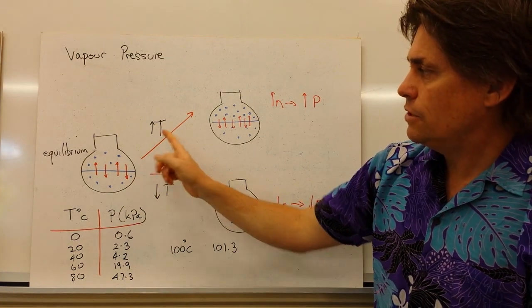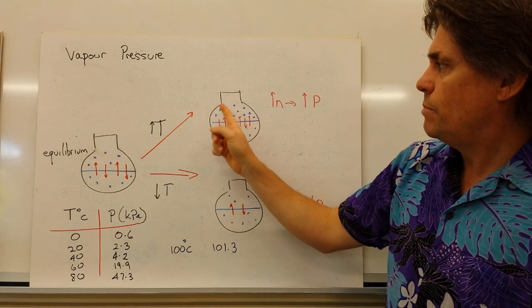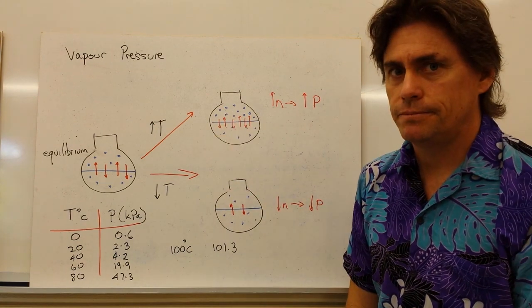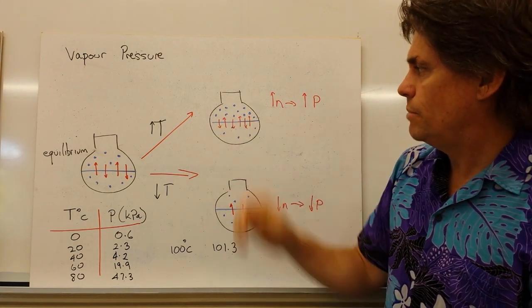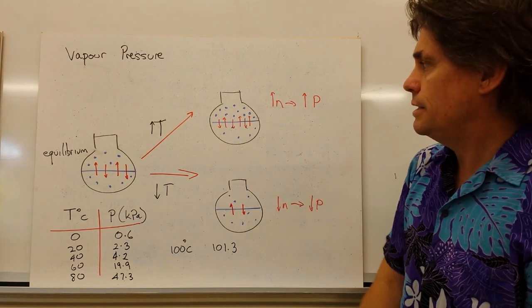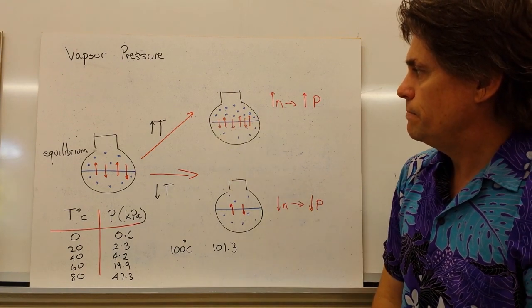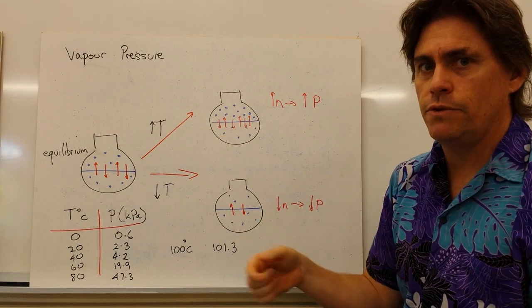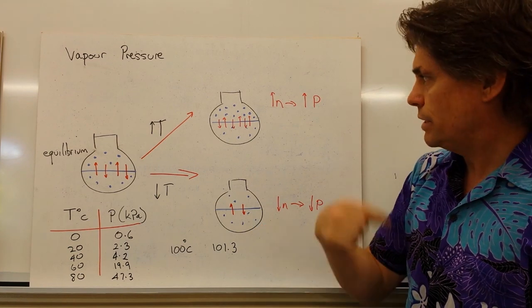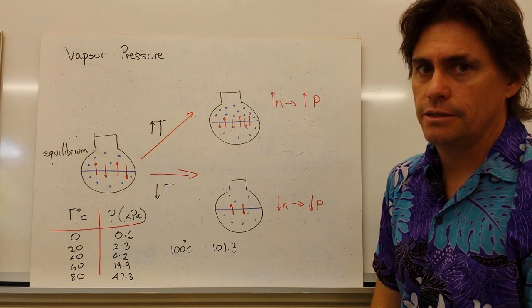Now if we increase the temperature, we're going to increase the number of particles in the gaseous form and obviously reduce the number of particles in the liquid form. So we set up an equilibrium like this one, where we have more particles in the gaseous form, and as we said before, if you increase the number of particles, you increase the force per unit area, which increases the pressure.